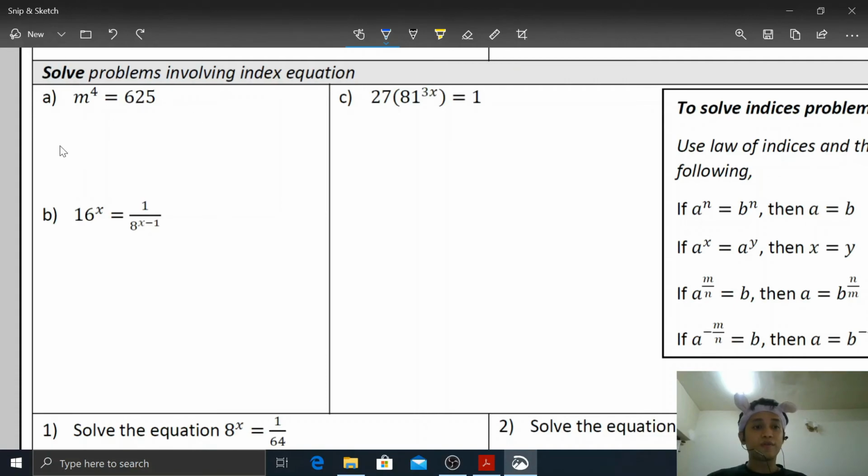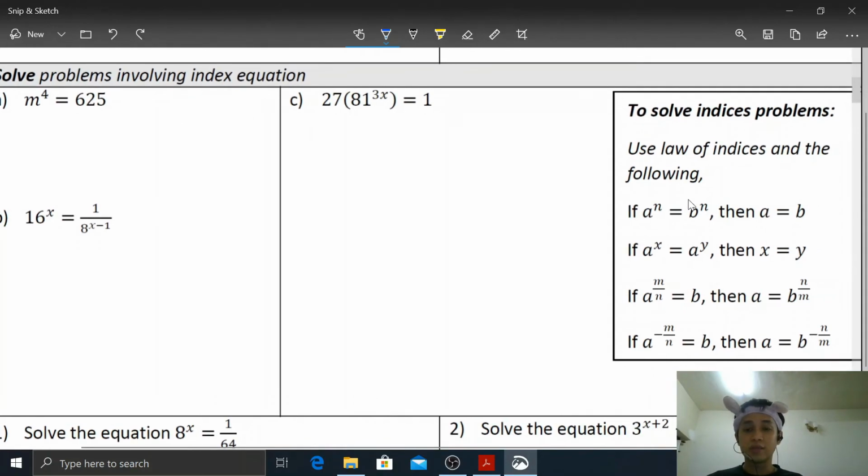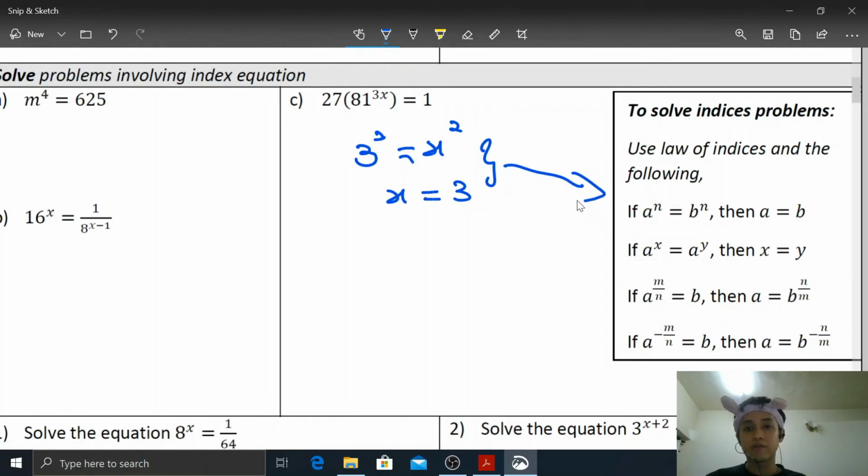In order to solve this one, we are going to use this relationship: if a to the power of n equals b to the power of n, when the power is the same, then we can say a equals b. So let's say I have 3 squared equals x squared. Since both powers are the same, I can say x equals 3. This one is for this one.